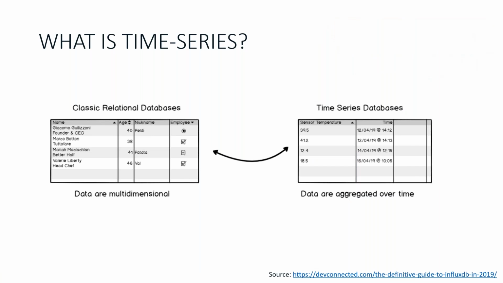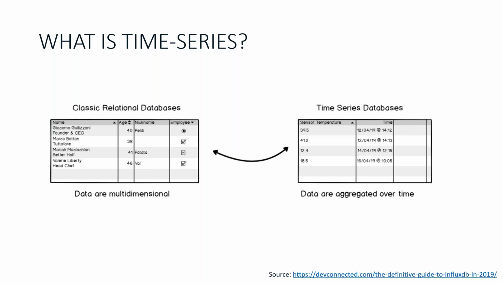So what is time series? It's good to see that you have heard about it and you know some theory, so this is great. I'm just going to walk through these slides quickly. There is a difference with classic relational databases, where you just have names, age, nicknames, is employee or not. Those are great for storing that sort of data, but a time series database is purpose built.